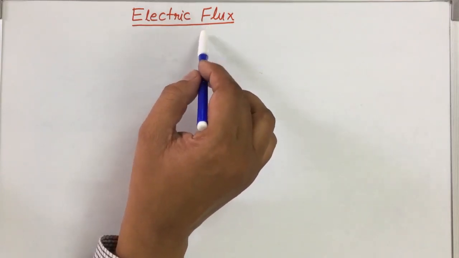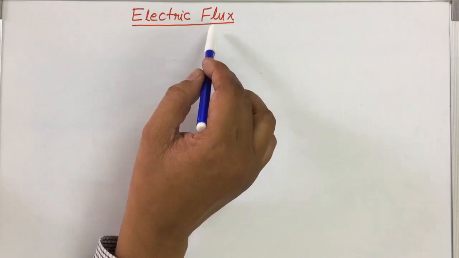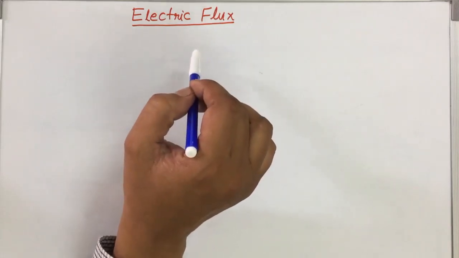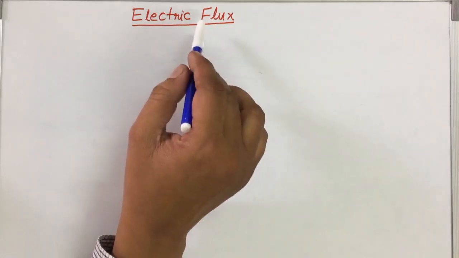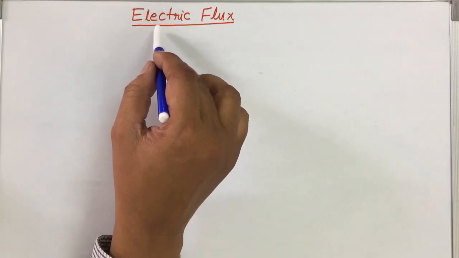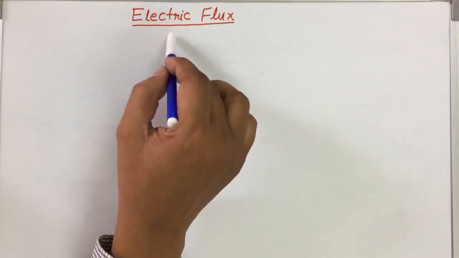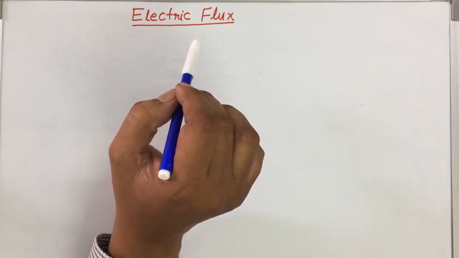In it, flux represents the flow, and with electric flux, it means the flow of electric field lines.